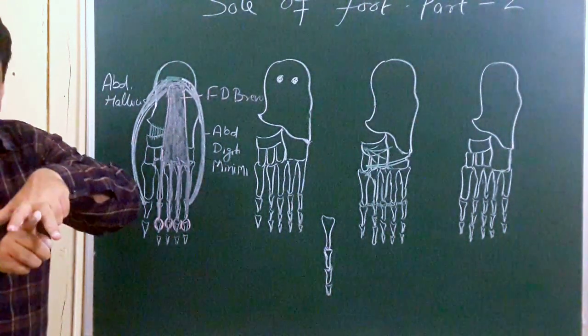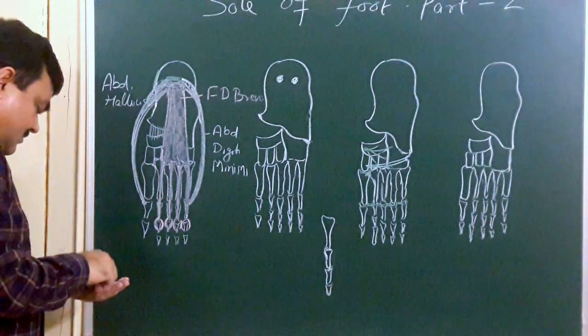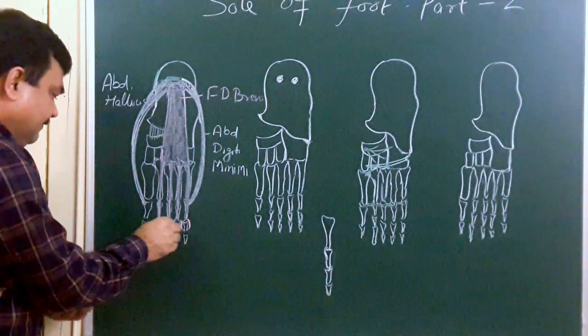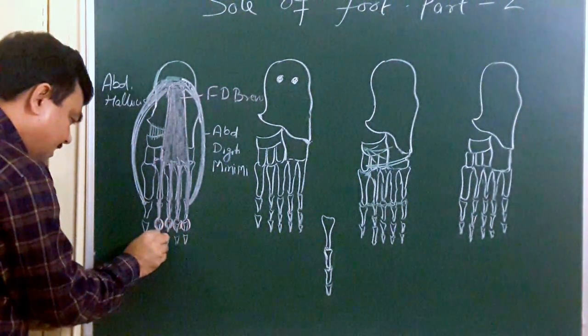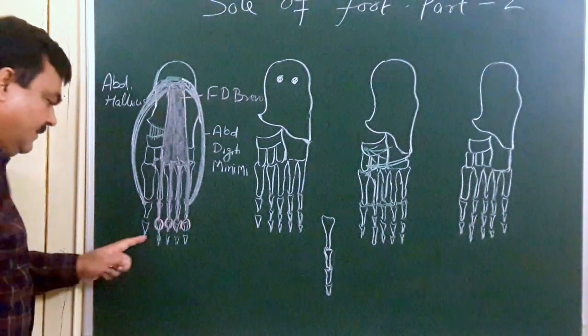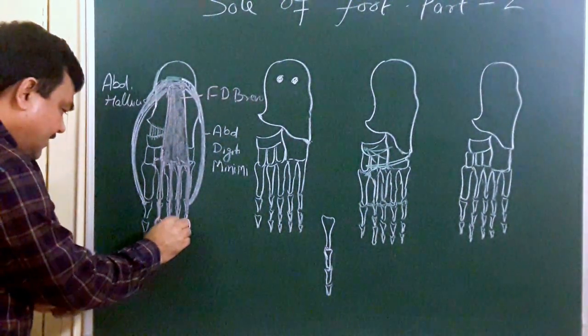Between these 2 slips, the tendon of flexor digitorum longus passes, and it is inserted on the base of the terminal phalanx.